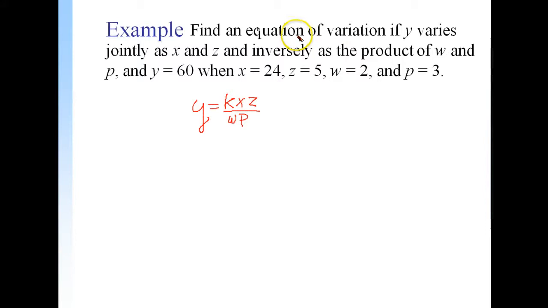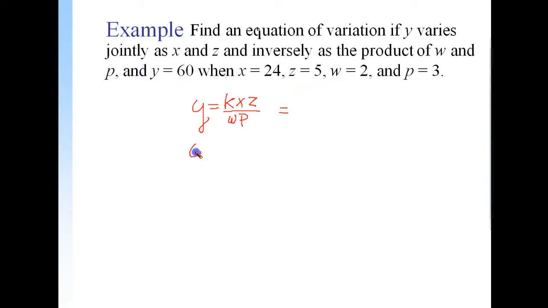It's a joint variation and also a combination. Y varies jointly, so there's Y. We need the K up there. X and Z, that would be direct. And then they're saying inversely as the product, indicating we're multiplying W and P. So our Y is 60.